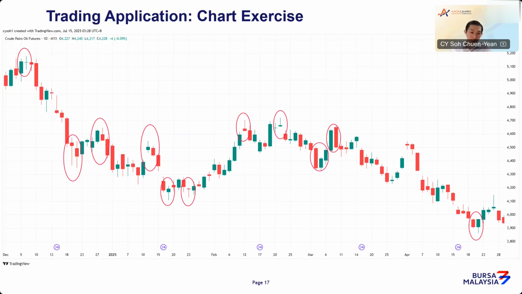Reversal means the market is going to shift in direction from uptrend to downtrend, or vice versa. If the price has been moving sideways in a range, then the candle signal you will be seeing is likely to be a continuation or a breakout. It is not a reversal. Take note of this: reversal and continuation or breakout are different things.